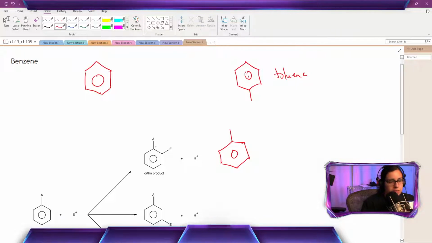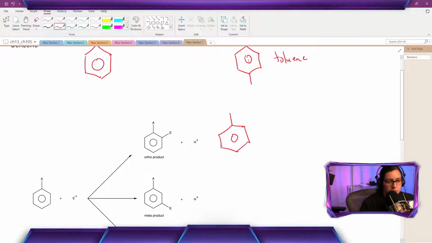So the ortho position is just 1 over from our first substituent. So this is ortho. You could also draw it on the other side. So both of these are the ortho positions, here and here. Ortho, ortho.